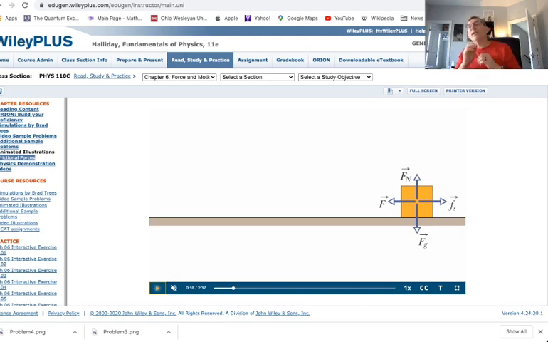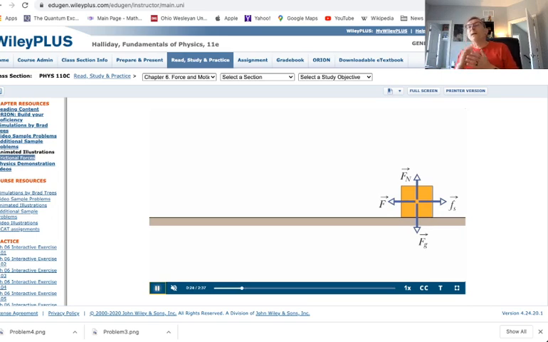And so that's the arrow labeled f sub s, pointing to the right. Static frictional force. And it will be exactly the same magnitude as the applied force to the left, as long as the block doesn't move. Okay? And that means that static frictional force is rather tricky.